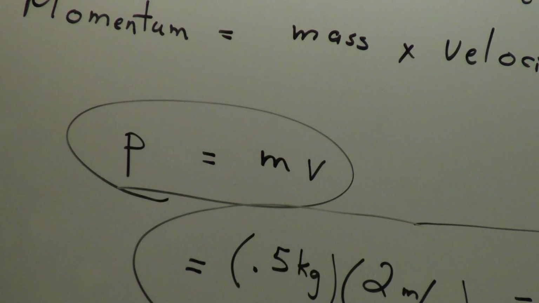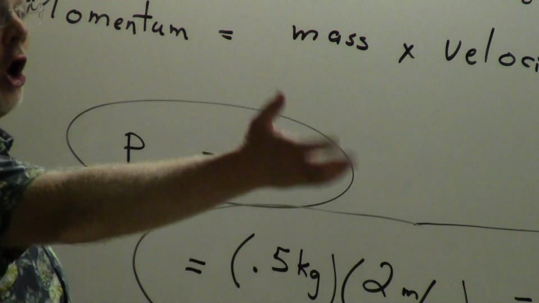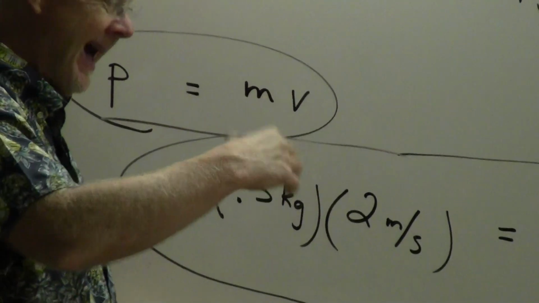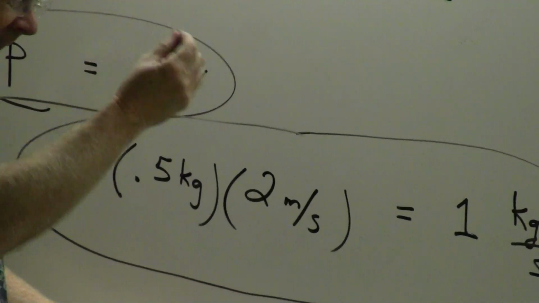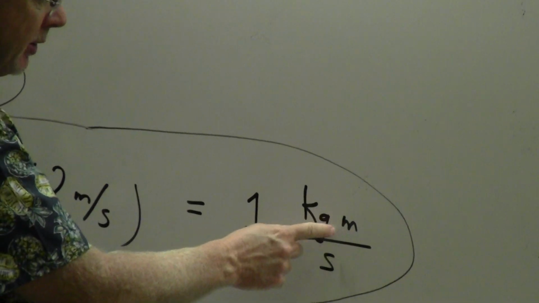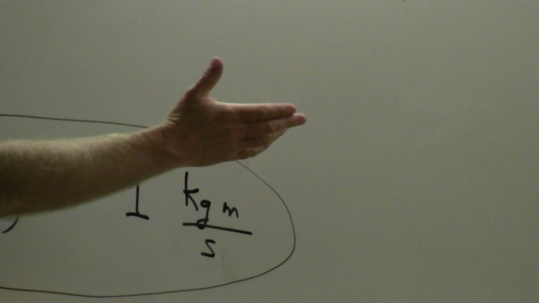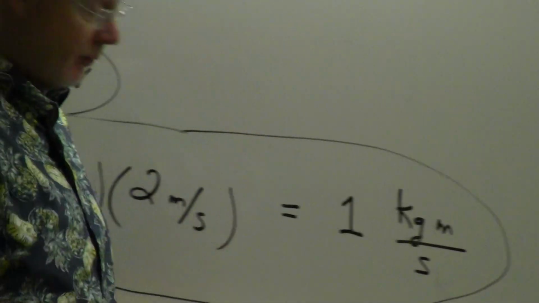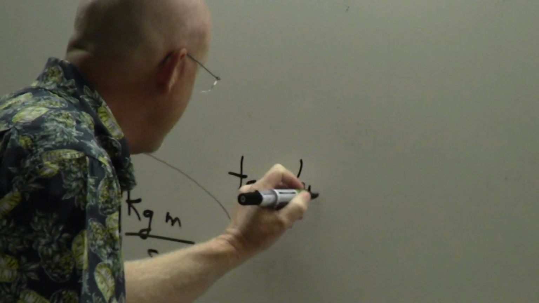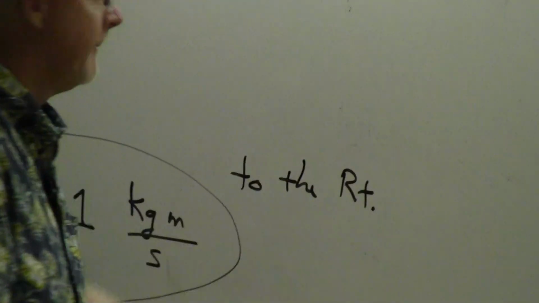But this really would be saying that that cart had a momentum. This is how I would say it. That cart had a momentum. As it was moving along, it had a momentum of 1 kilogram meter per second to the right. It was moving to the right. And so maybe I'll just say to the right.